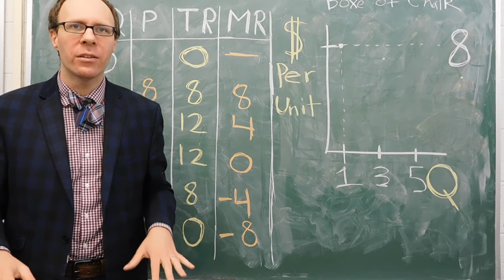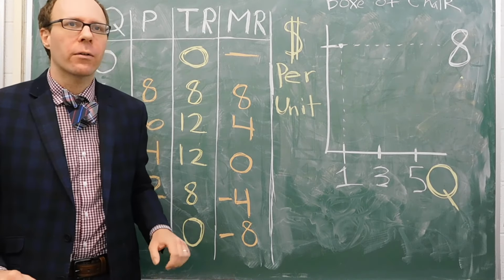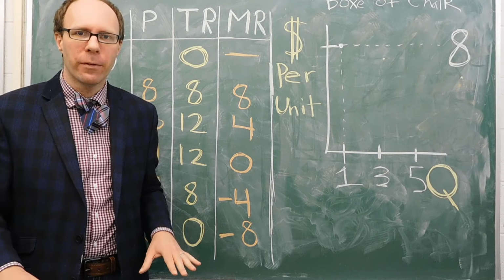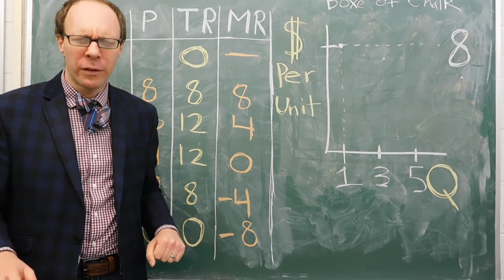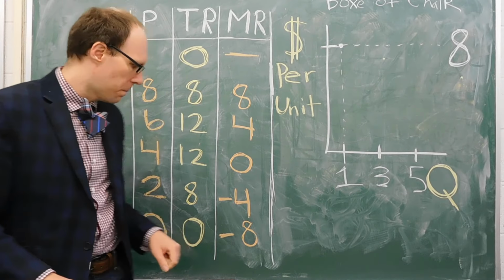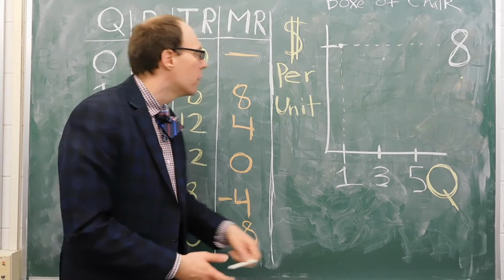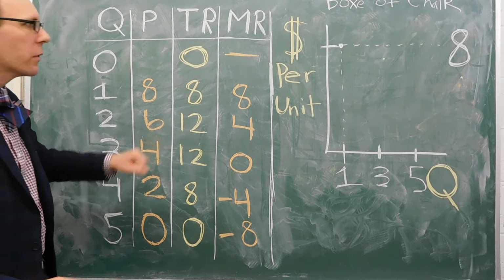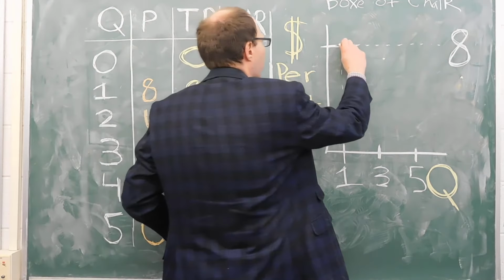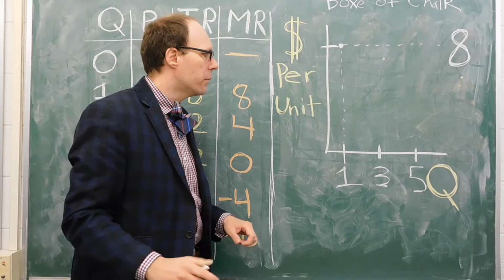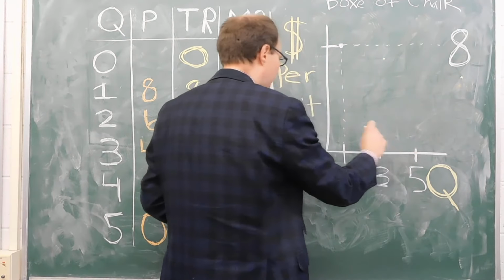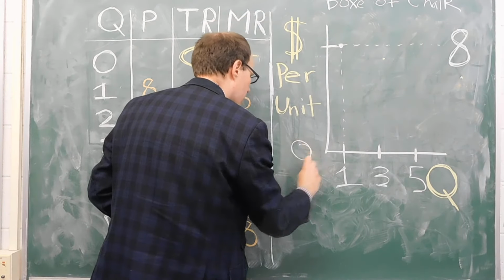We're going to really notice this difference when we start graphing the demand for our company's boxes of chalk and the marginal revenue we receive as we change our output. So, using these numbers here, we know that at an output of 1, we are going to receive a price of $8, and at an output of 5, we're going to receive a price of 0.